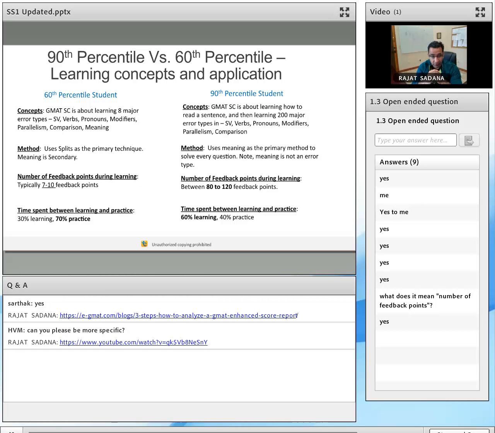What does number of feedback points mean? It means when you're studying subject verb must exist, do you get feedback that you can figure out subject verb must exist in easy, medium, and hard questions? That's a feedback point. As an individual, do you have that capability? When you're looking at verb-ing modifiers, do you have the capability to identify all the 3 ways in which verb-ing modifiers can be used correctly?